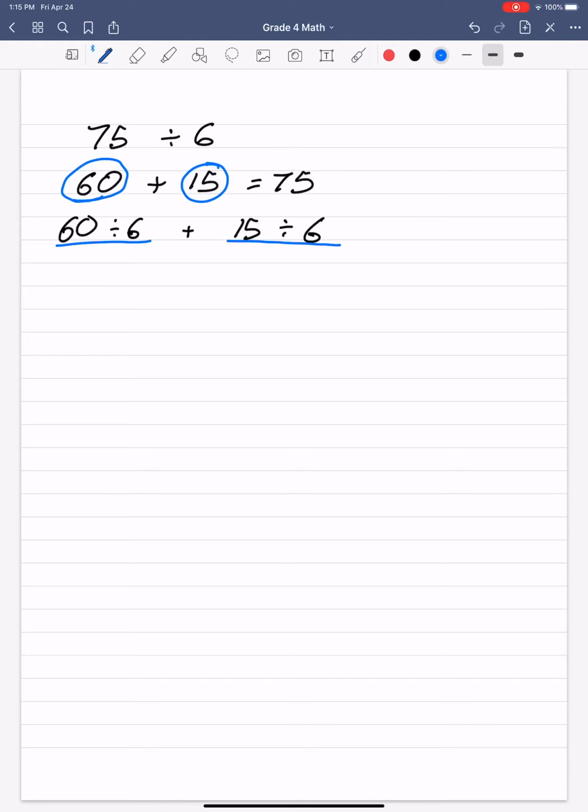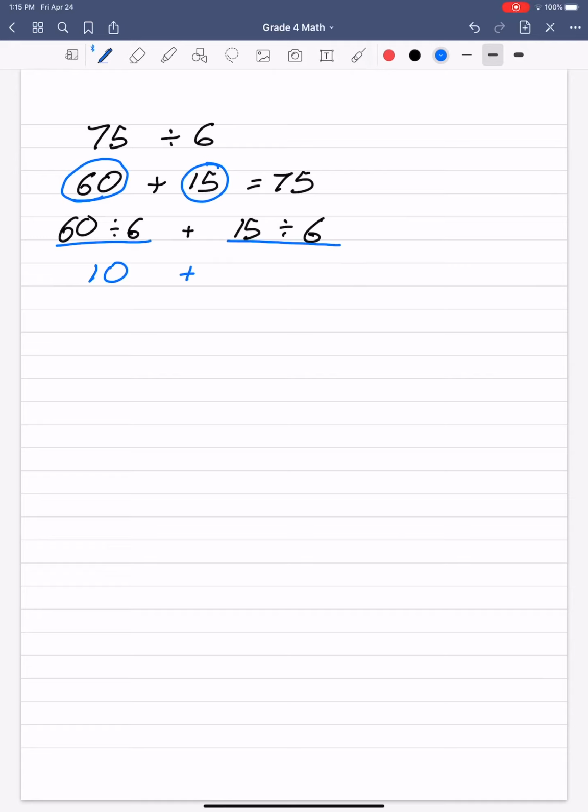So 60 divided by 6 is 10. That one was easy. 15 divided by 6 is not an exact answer, okay? Because if we're doing our 6 times tables, well, 6 times 1 is 6, 6 times 2 is 12, 6 times 3 is 18. So you can't multiply anything by 6 to get 15. So what you have to do is think, okay, how close can I get to 15 without going over?